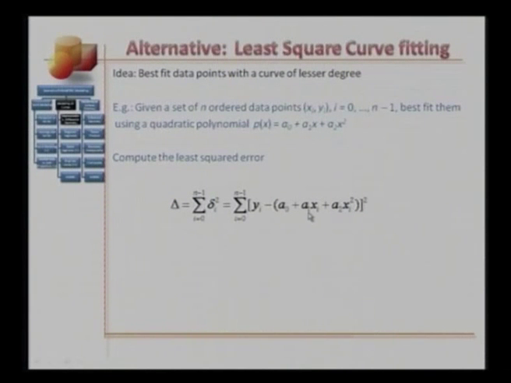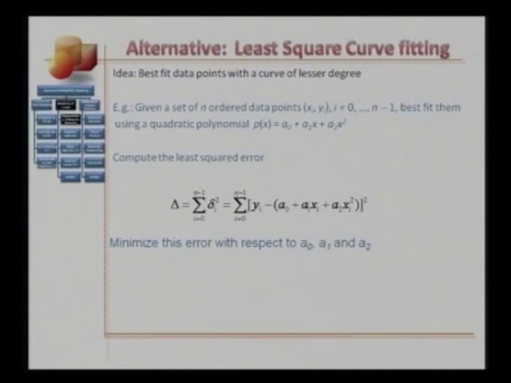A sub 0, A sub 1, and A sub 2. Well, we minimize this error, capital delta, with respect to these unknowns. How do we do that?